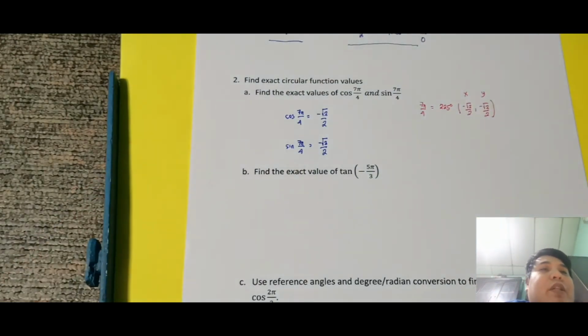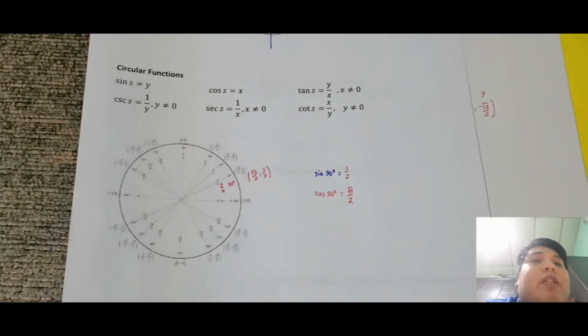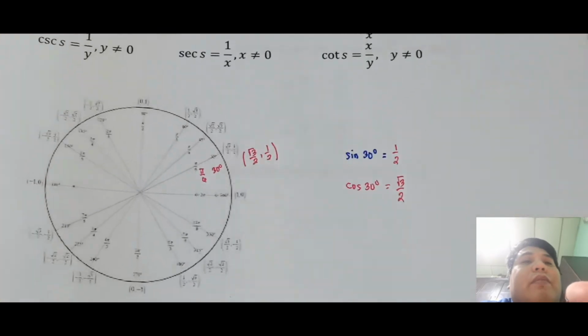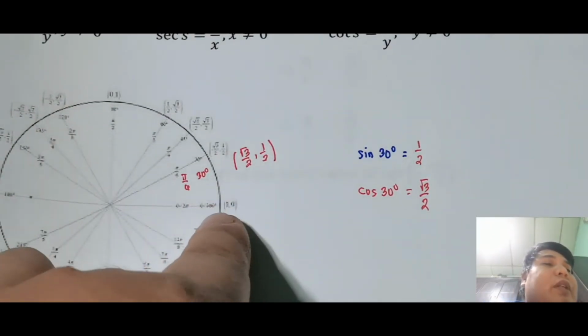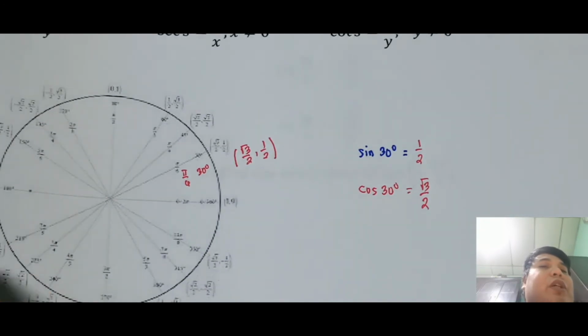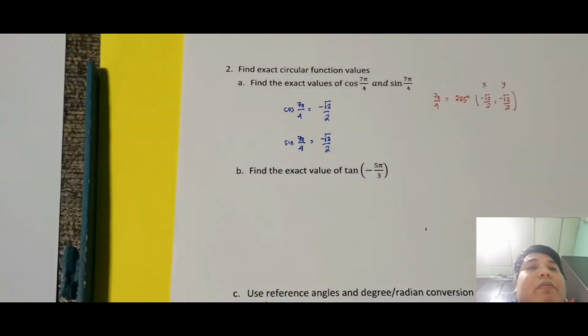Next, this one may be a bit of a problem. Find the exact value of tangent negative 5 pi over 3. Of course, I want us to use the unit circle so you can appreciate it. I said counterclockwise is positive, and clockwise is negative. So let's find what negative 5 pi over 3 is in terms of angle.